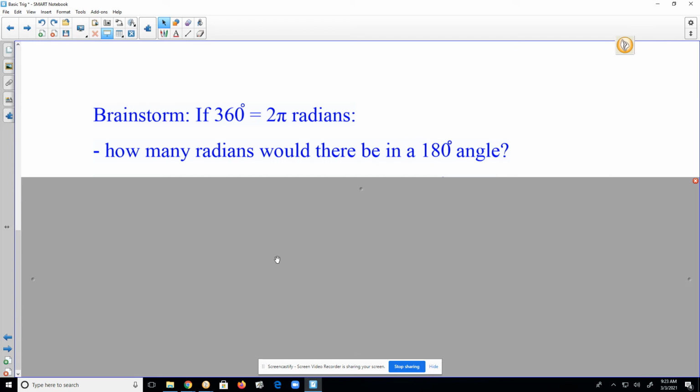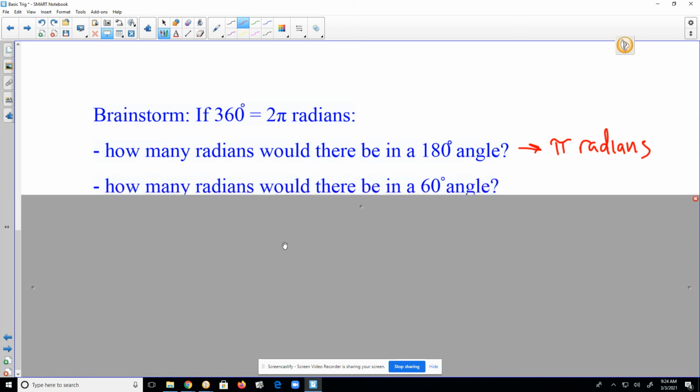So we mentioned this one. How many radians would there be in a 180-degree angle? If I just think, okay, 360 is 2 pi, so half of that would be 1 pi. So 1 pi radians would give me half of a circle. That would get me halfway around wrapping my pipe cleaner.